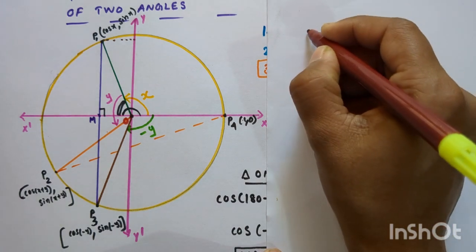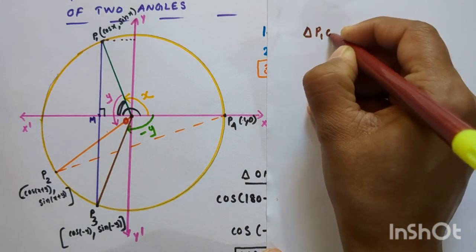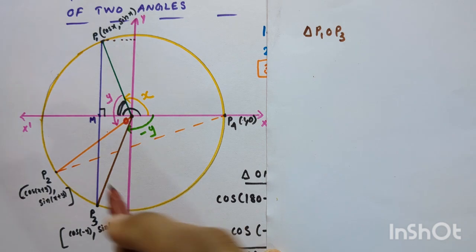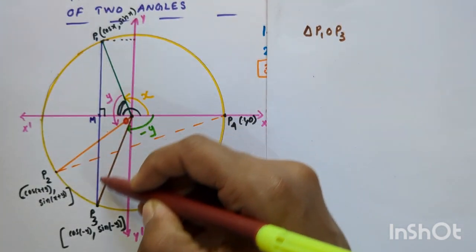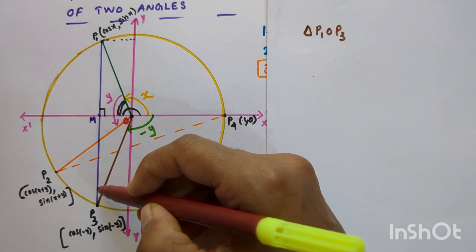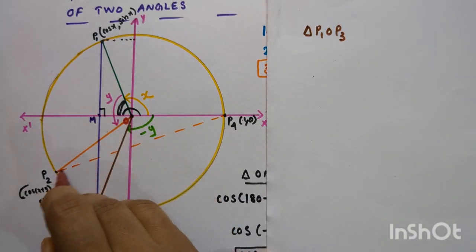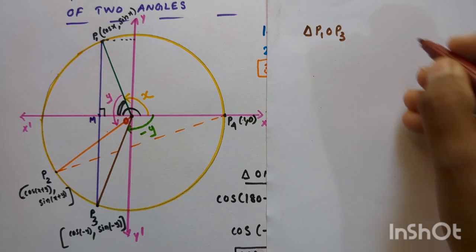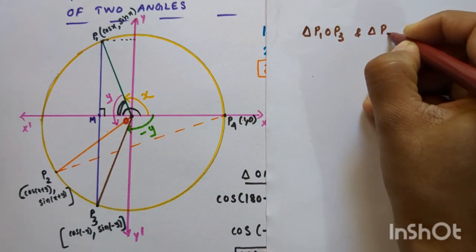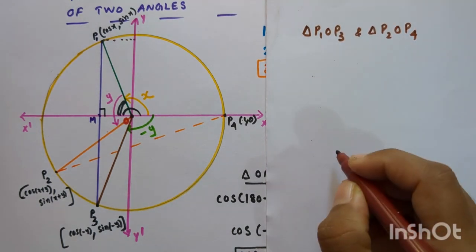Now what I am doing is, I am going to consider the two triangles. One is triangle P1 O P3, this triangle. Then I am going to consider this triangle as well, which is P2 O P4.